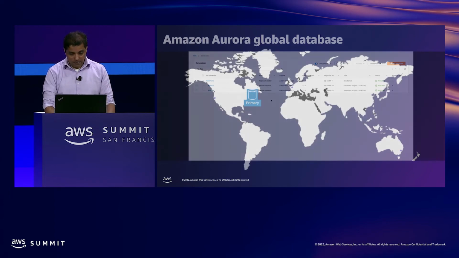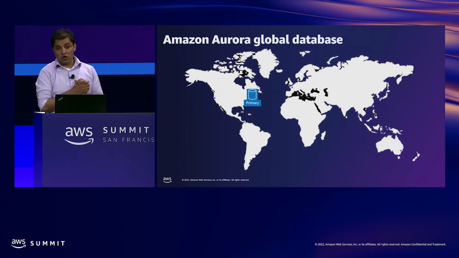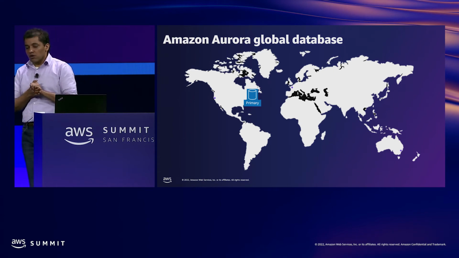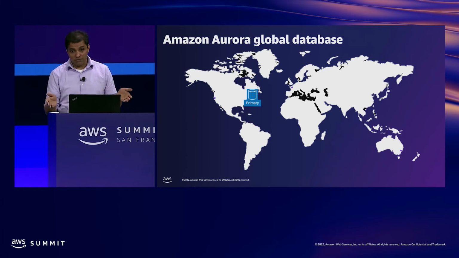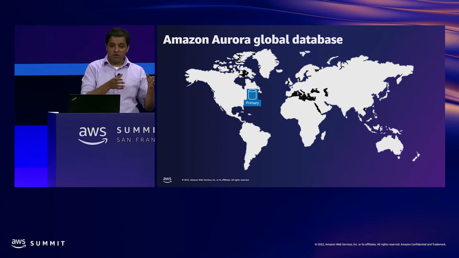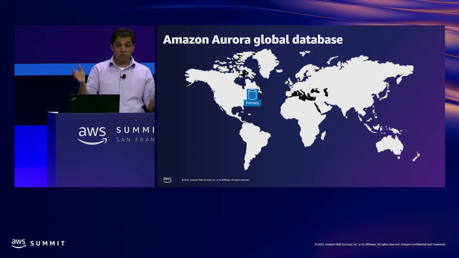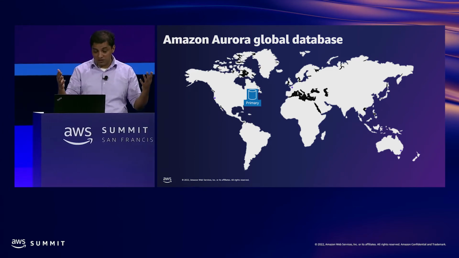All right. Now let's talk about Aurora Global Database. So Amazon Aurora Global Database is a feature of Amazon Aurora, and it's available for both MySQL and Postgres compatible. And it's really designed for highly distributed applications, and you can span your single database across multiple regions.